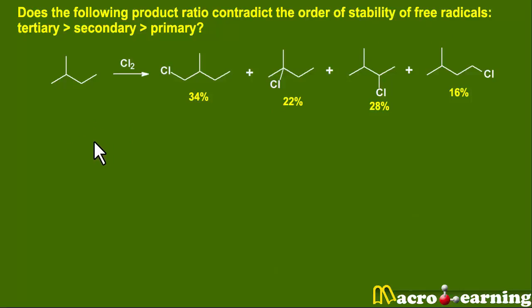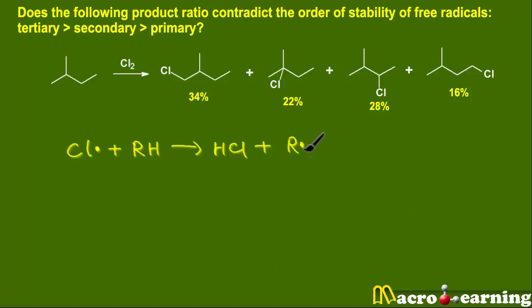The major step involved in the chlorination of alkanes is the reaction of chlorine free radical with the alkane, forming HCl as well as the corresponding alkyl free radical.